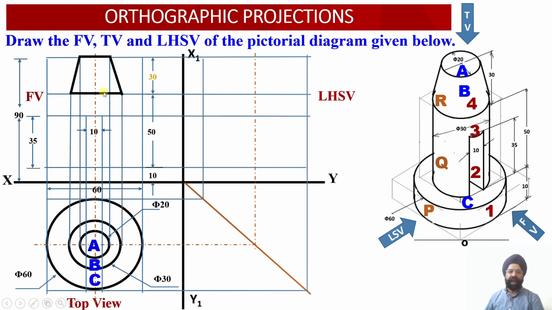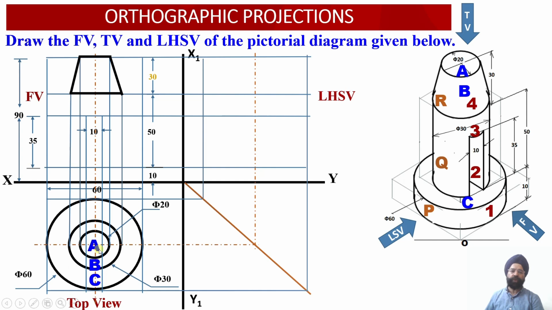So please check, I have darkened the projections corresponding to element number 3 in the front view. These projections have been obtained, and I had told you earlier that this will appear as a trapezoid in the front view. So I have been able to obtain the apparent shape of surface number 4 in the front view.